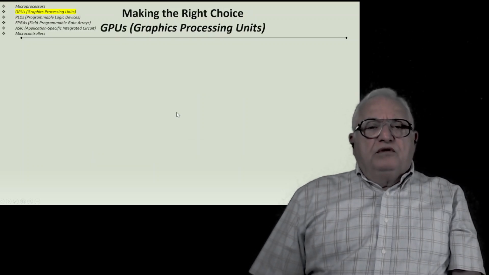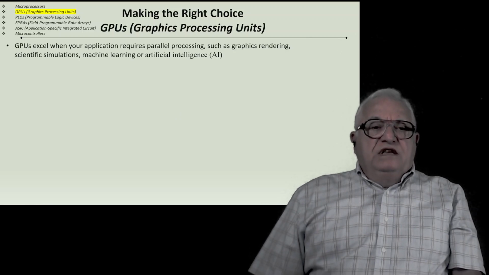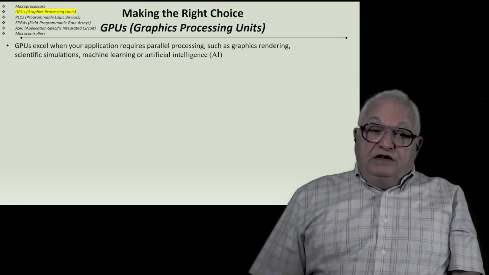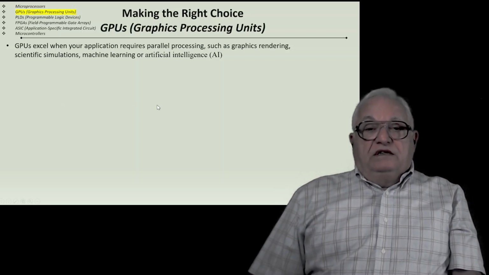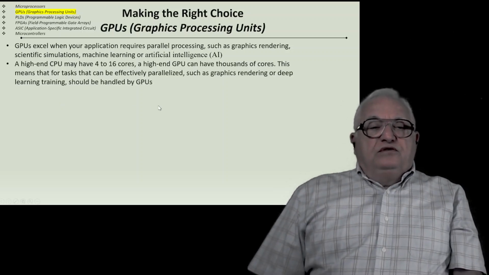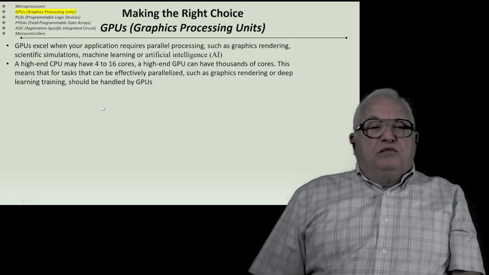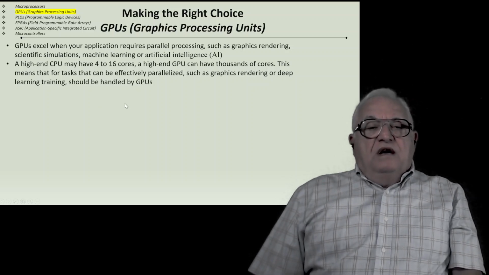Next, I'm going to be talking about graphic processing units, GPUs. GPUs excel when your application requires parallel processing, such as graphic rendering, scientific simulation, machine learning, or artificial intelligence. For you to get an idea what the GPU looks like, I'm going to compare it to a microprocessor. So a high-end microprocessor CPU may have between 4 and 16 cores.